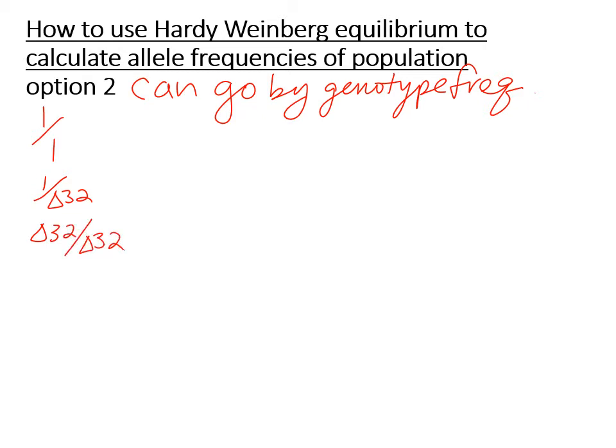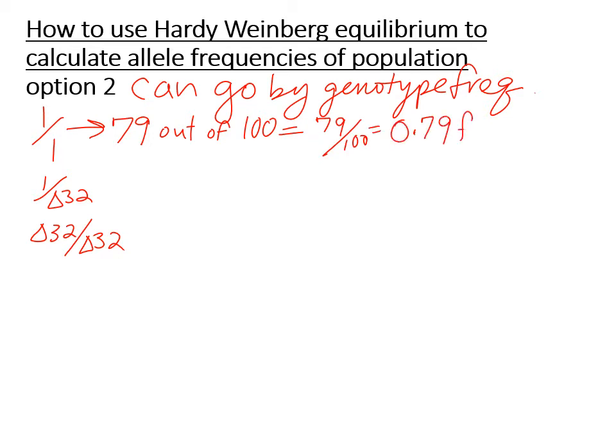The first genotype, 1-1, we said that the frequency was 79 out of 100 individuals. Well, mathematically, what frequency is that? 79 out of 100 means 79 divided by 100, which is equal to 0.79 frequency.